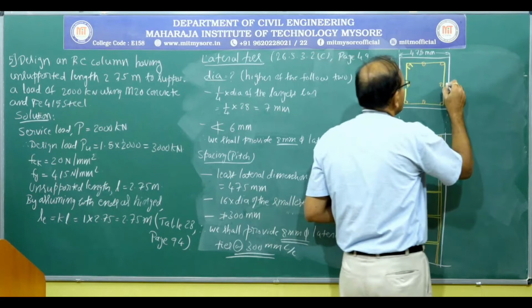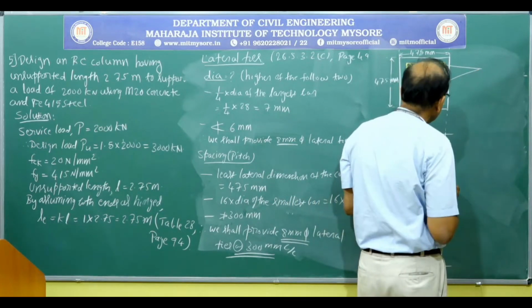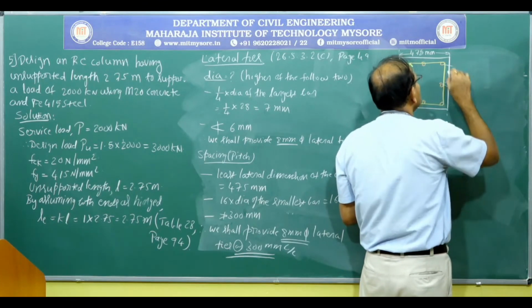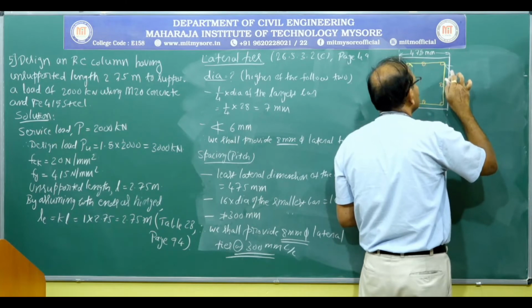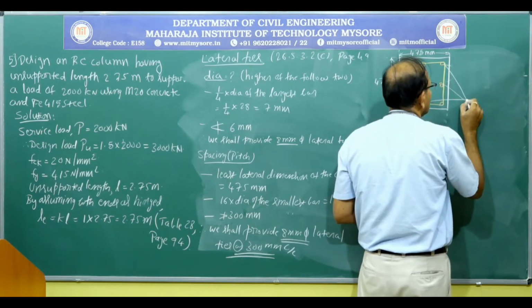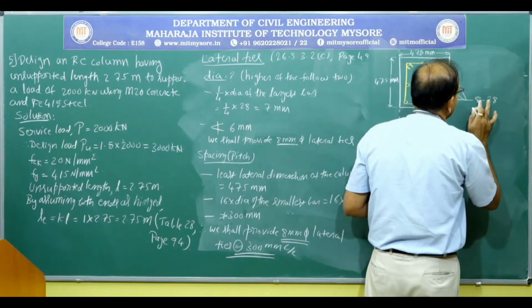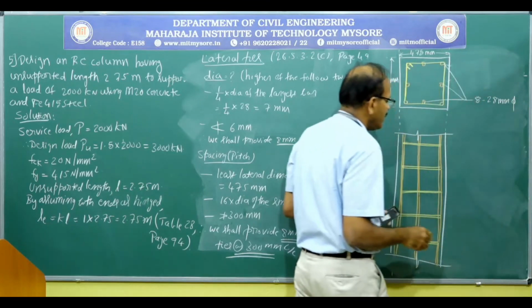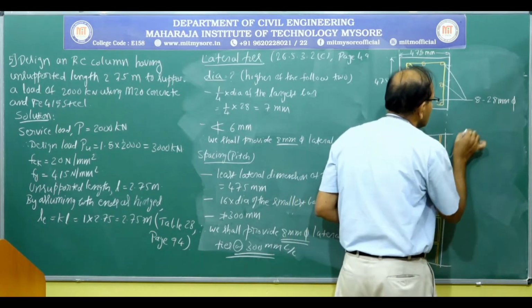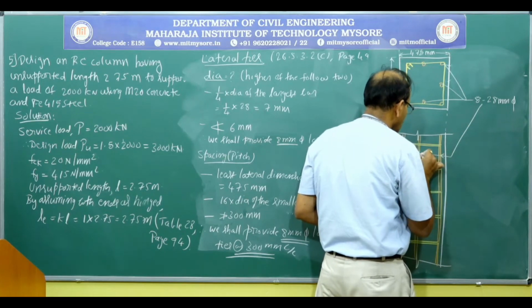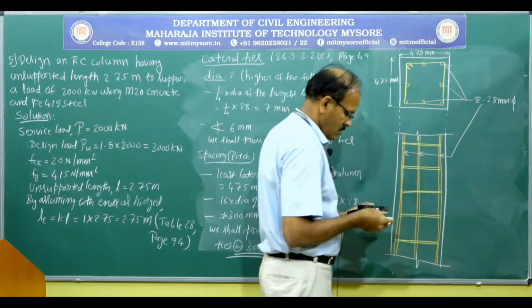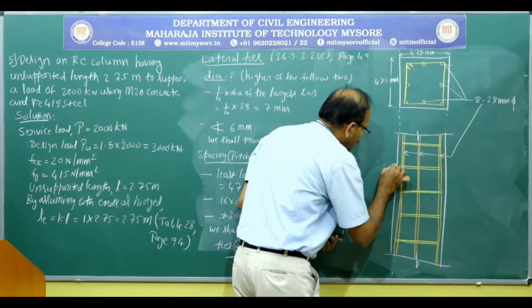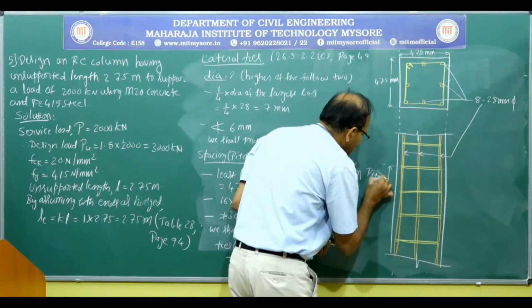Okay, and these are main reinforcements, eight of 28 millimeter diameter, that is these bars, and this is the spacing or the pitch of the lateral ties.